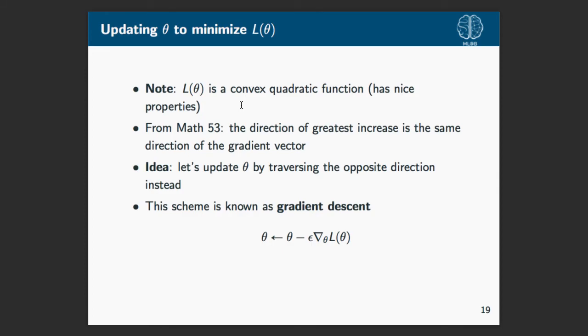And typically we multiply it by this epsilon, which is called the learning rate. It's a small constant, a lot of times like 0.001. That ensures we take small steps at a time. So our new theta will just be the old theta minus the direction of the gradient.